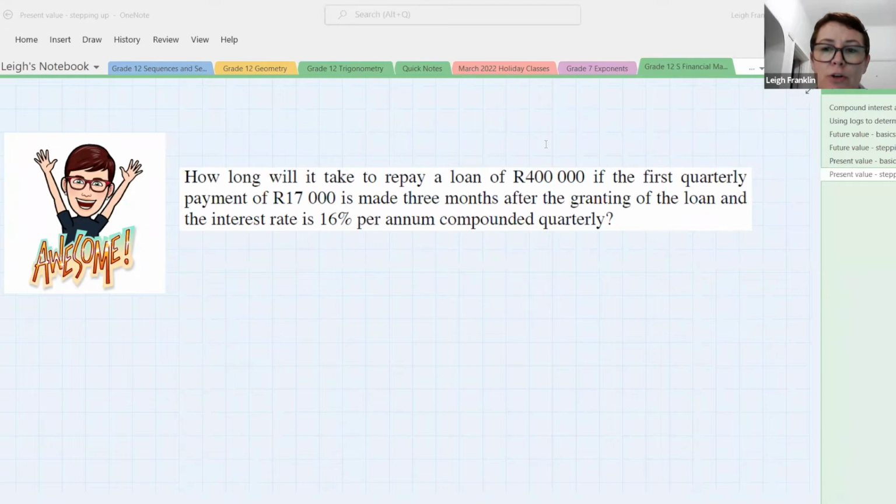I think what I'm going to do is I'm going to let you guys try this and then we can talk about it, okay? We can share our answers again. All right, so we know we're going to calculate n, and then it's quarterly payments, and the first quarterly payment is made 1 quarter's time after the granting of the loan. Okay, I'm not going to say anything else. I'll let you guys try it.